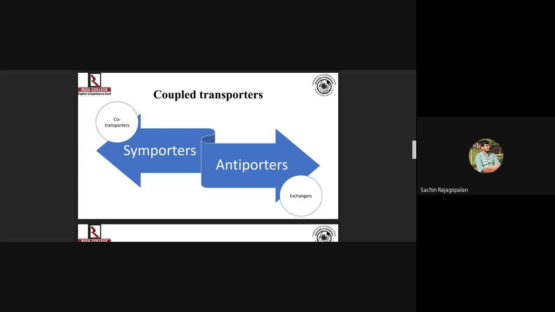Now, this is the reason why you need to understand that the deficiency of one vitamin creates the deficiency of the other in our body. Many a times it so happens that our body really is deficient in a single vitamin, but it is co-transported with another vitamin. So because vitamin 1 is deficient, vitamin 2 also will not be taken into the cell even though it is present, because both of these vitamins are transported into the cell by a symporter.